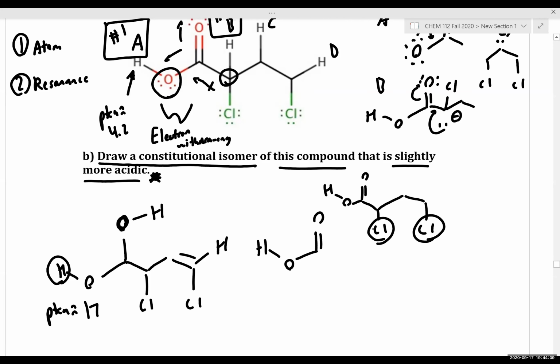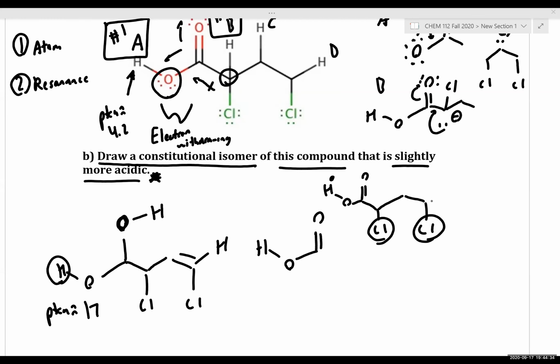Is there a way for me to increase my inductive effects on this proton? Is there a way for me to observe a stronger inductive effect by moving these chlorines around? I can move the middle chlorine to the right end.